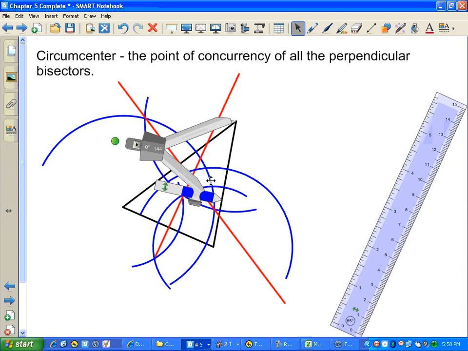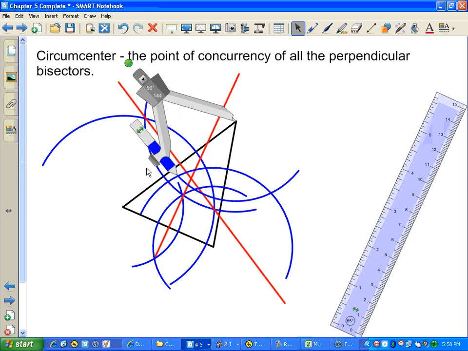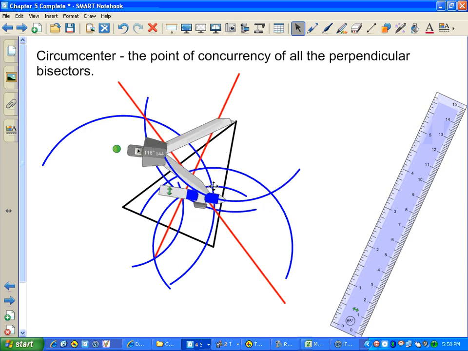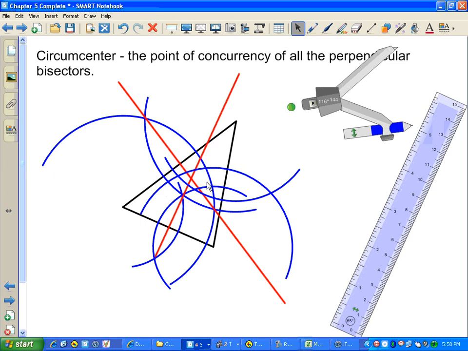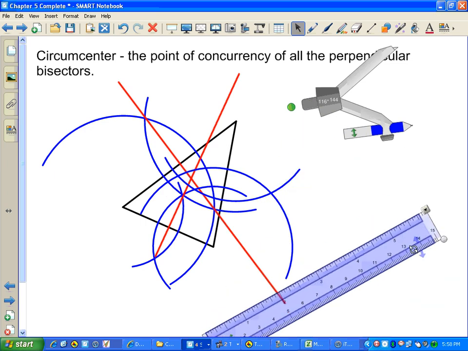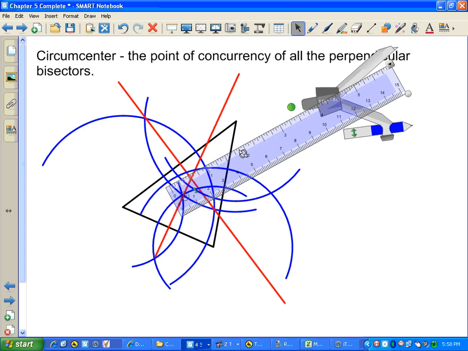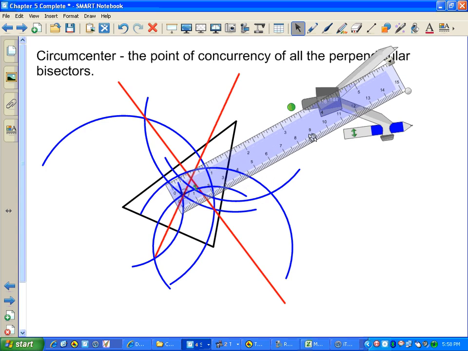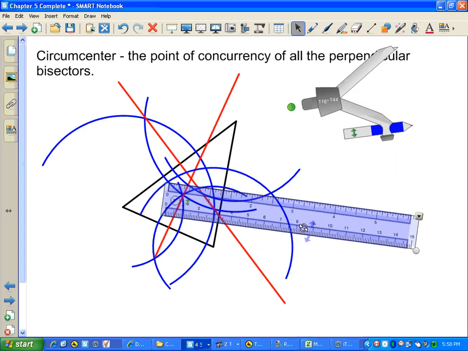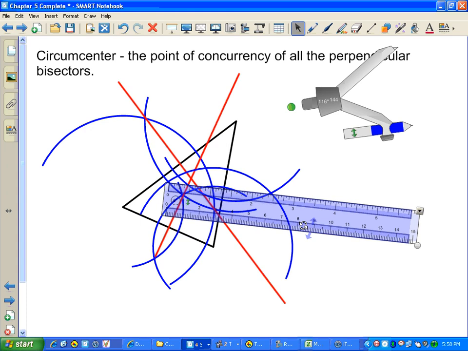Come over and make the last circle. Okay, make sure you try to keep track of the right ones. So where these two cross, I'm going to connect with my ruler. So just about there.